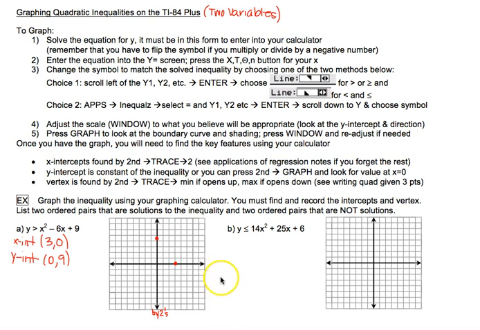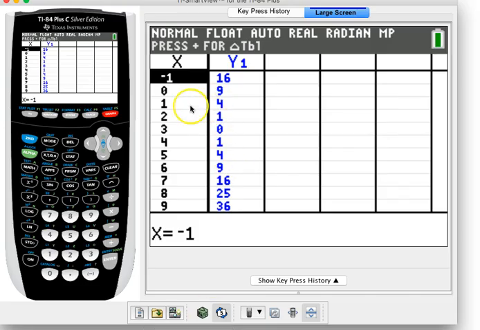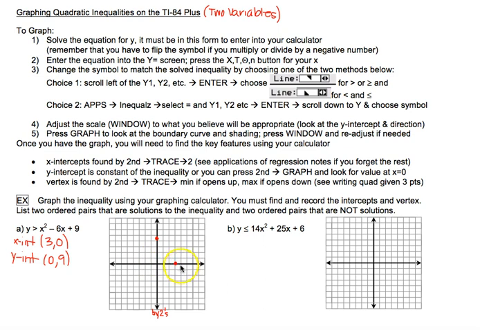I know that these should have a symmetric quality. I also know, and this is the downfall to this choice 1, is that I can't distinguish between the greater than and the greater than or equal to. But because this is a strictly greater than, my boundary line should be dashed. So when I look at this, I've got 1, 4, 4, 1 would be two other pretty easy ones to plot.